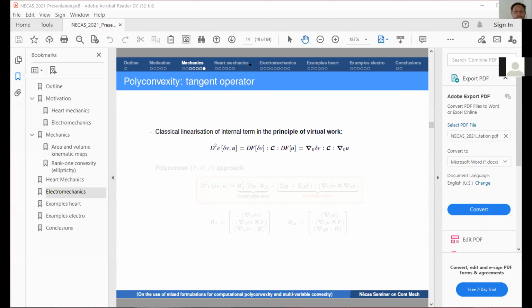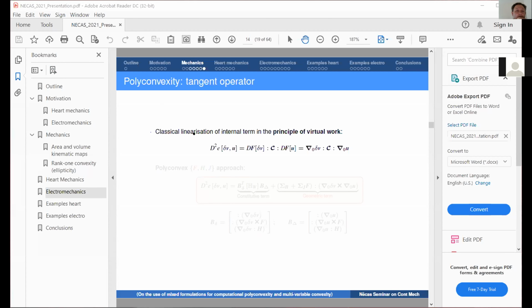I mean, when you do the linearization, see if I can share this slide. I'm going to share my screen. Okay.